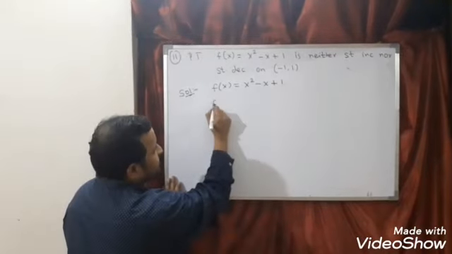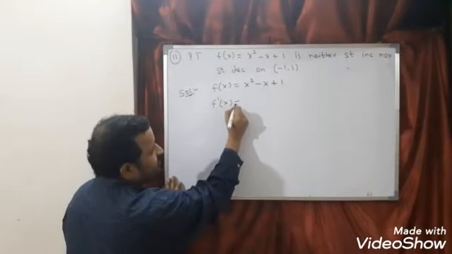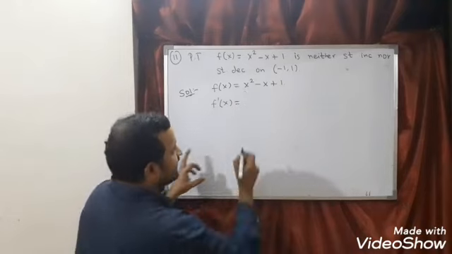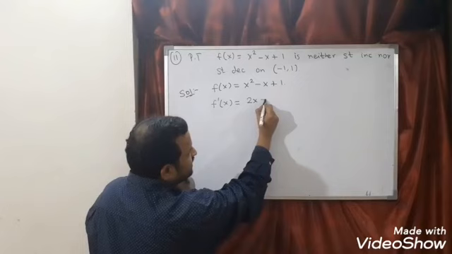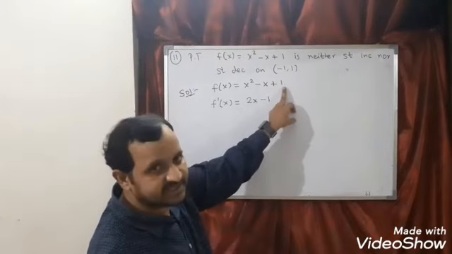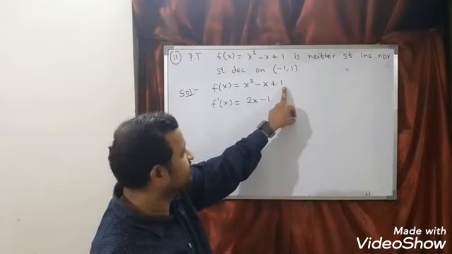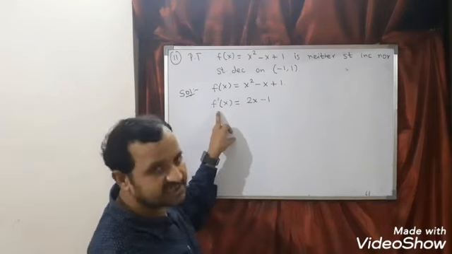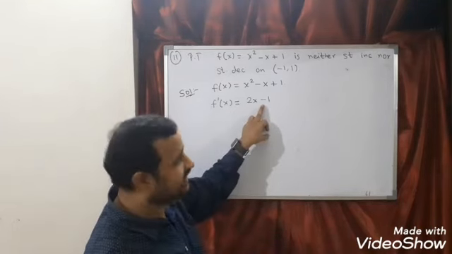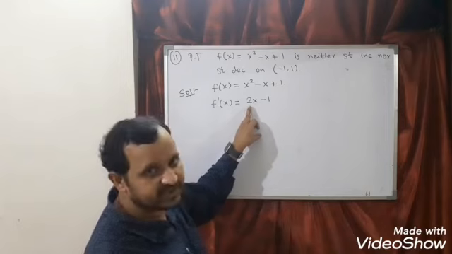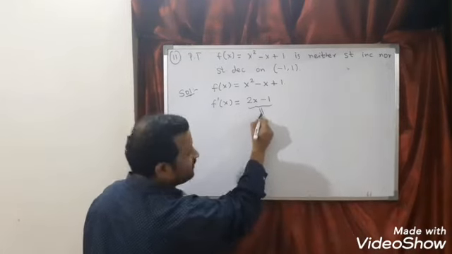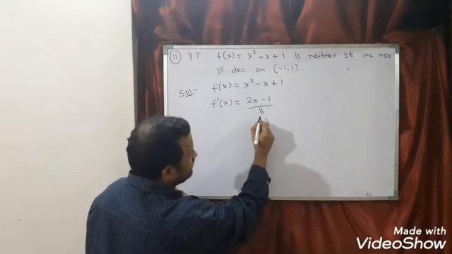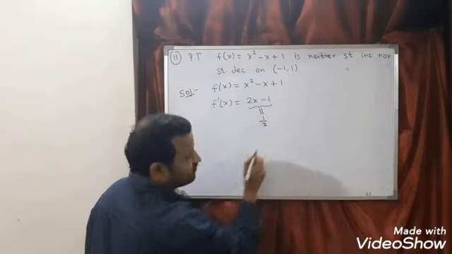So find f dash x. f dash x is equal to differentiation of x square 2x, differentiation of minus x minus 1. Since 1 is constant, differentiation is 0. Break it into linear form. Coefficient of x is positive, critical point. Tell me for what value of x this will become 0. So I can say 1 by 2.